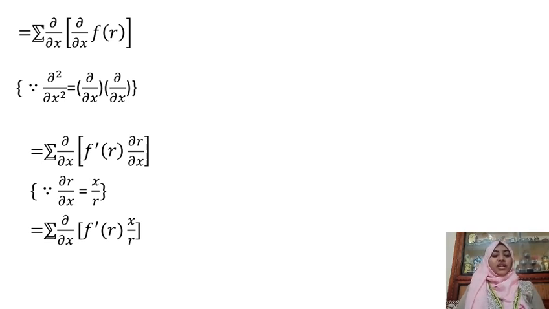After differentiating f of r partially with respect to x, we get f dash of r into dou r by dou x. The summation dou by dou x stays as it is, and we know that dou r by dou x is x by r. So we get the summation dou by dou x of f dash of r into x by r, in place of dou r by dou x.